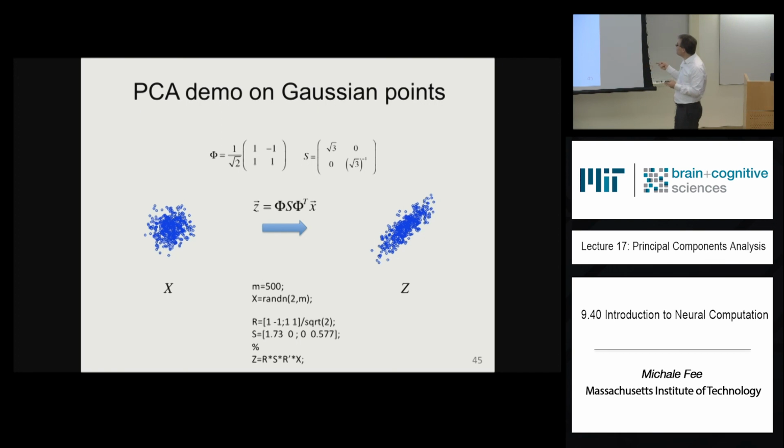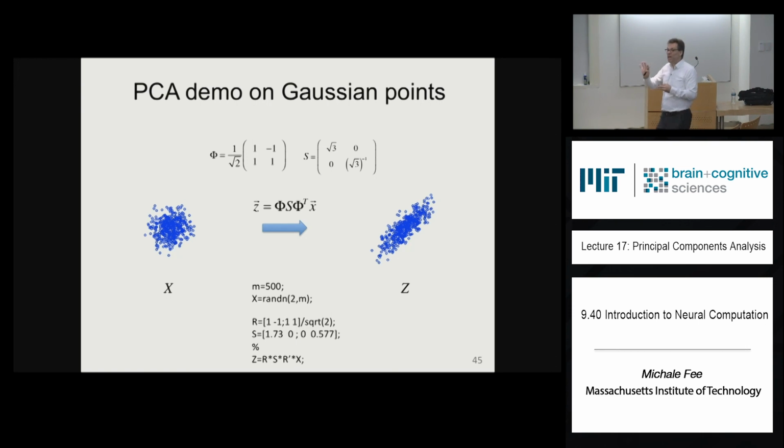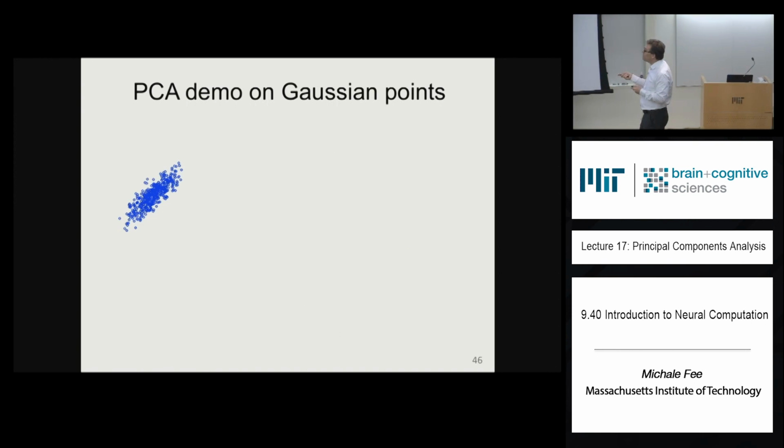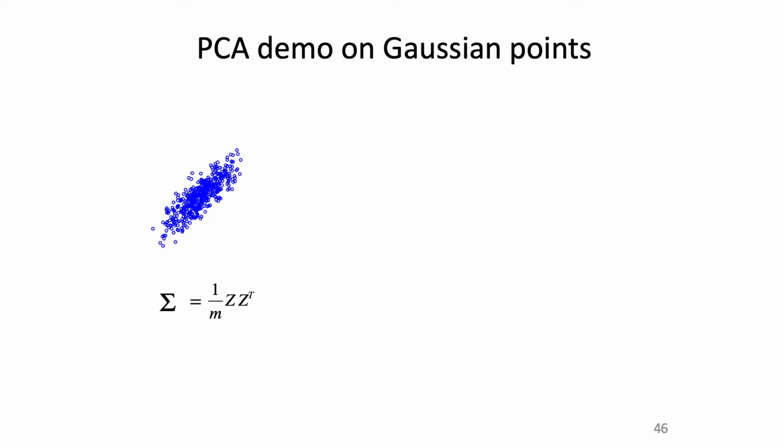And what that's going to do is find the dimensions in this data set that have the highest variance. It's basically going to extract the variance in the different dimensions. So we take that set of points, we just compute the covariance matrix by taking z transpose times 1 over m.